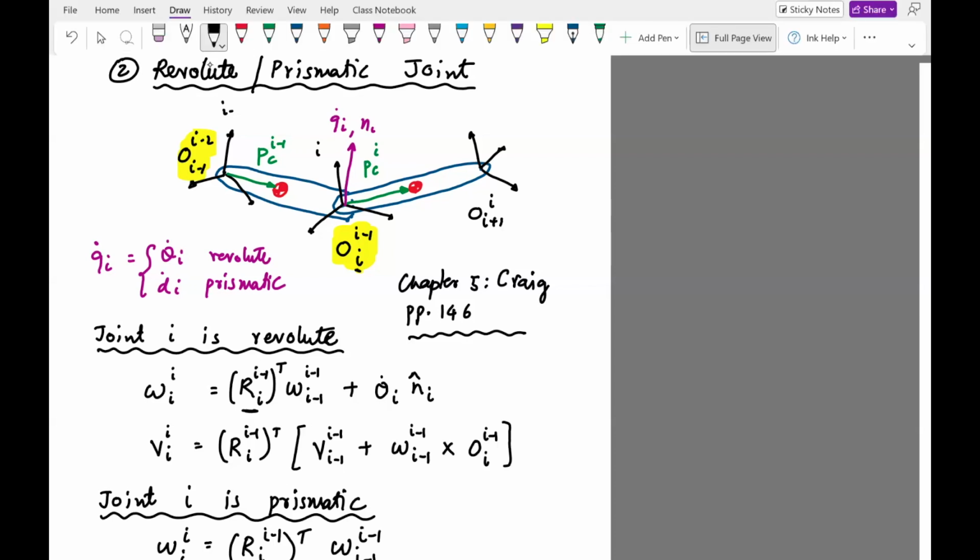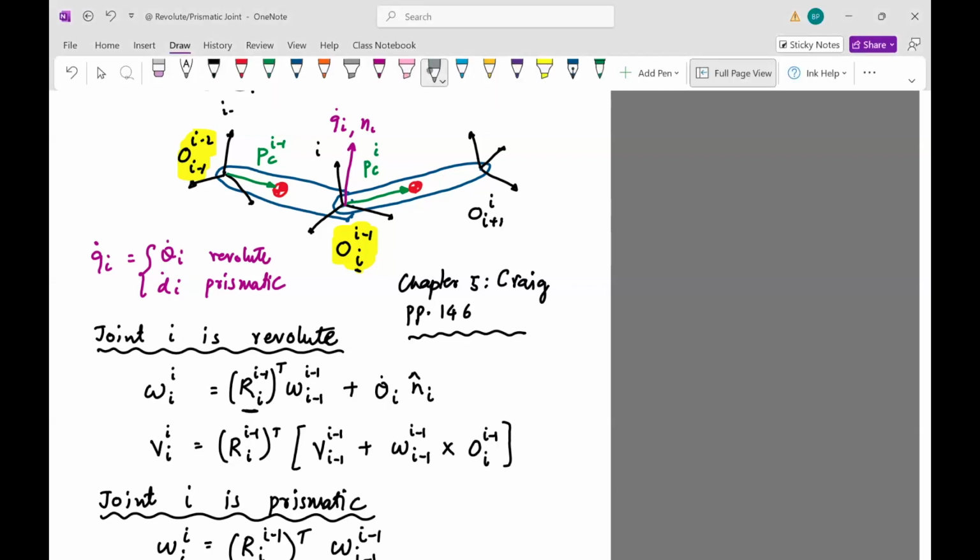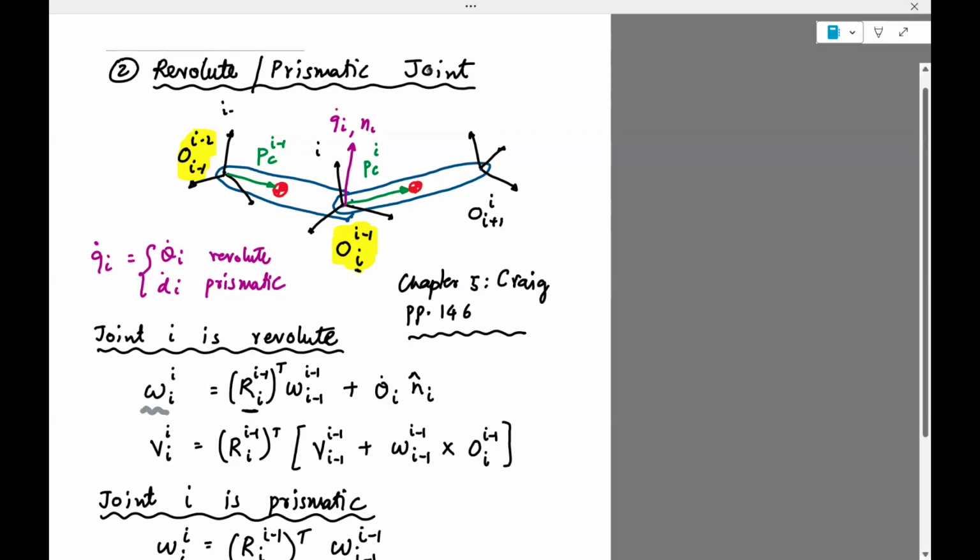So this is the angular velocity of this frame. That's how the frame would rotate with respect to its previous frame. This is the linear velocity, the velocity of this frame i with respect to itself.